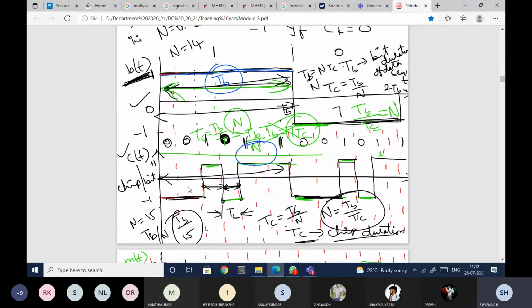But what happens practically if you increase the N value? Here I have shown you the sharp cutoff. Sharply it is changing from -1 suddenly to 1, so here I have a discontinuity. Discontinuities will not happen suddenly, so you will have a rise time, it will be constant for some time, and then it will have a fall time.